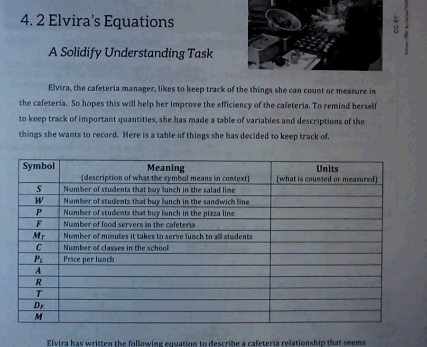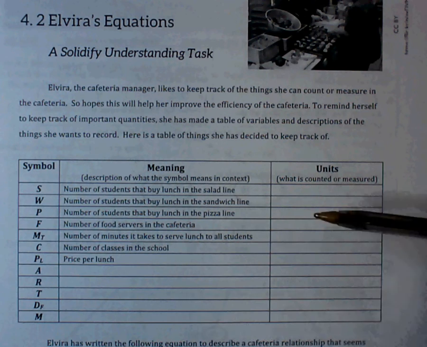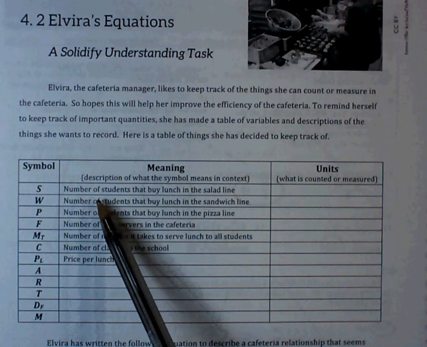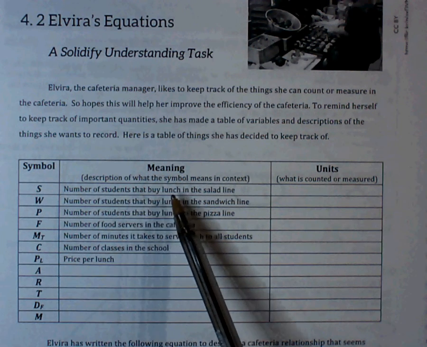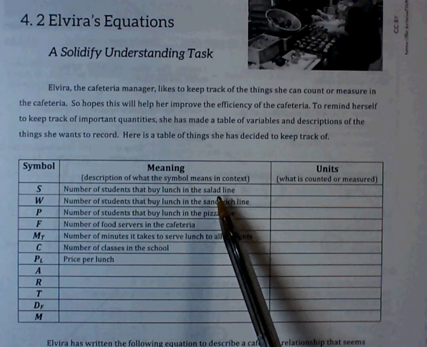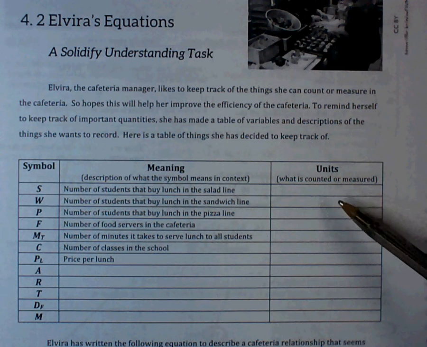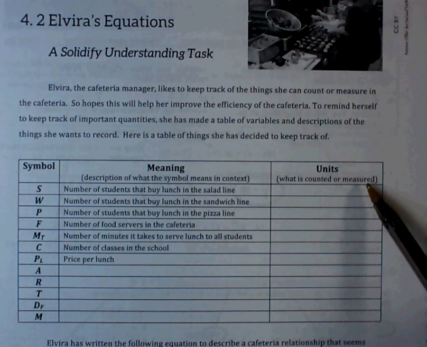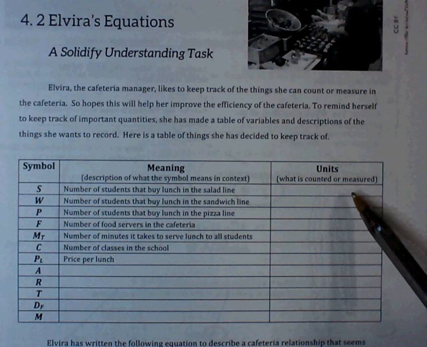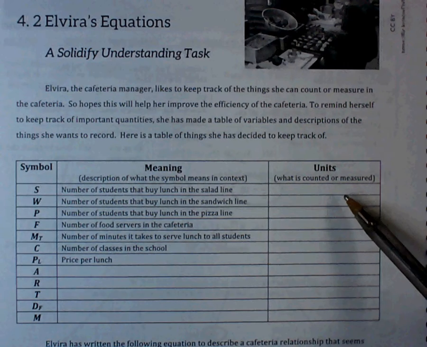So let's just read through them first. S is going to stand for the number of students that buy lunch in the salad line. So I want you to write down, either in your notebook or right here, what is being counted right there. And there's more than one answer people might come up with of what's being counted right there that would still make sense.